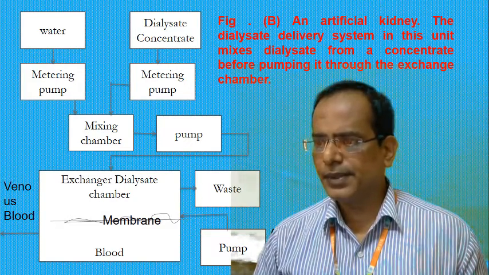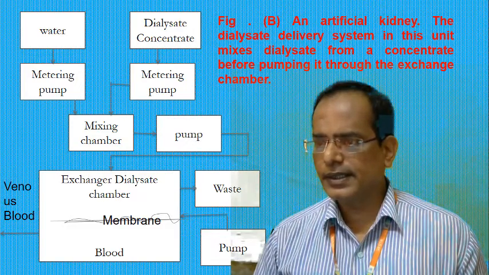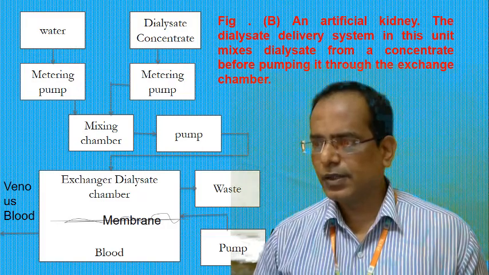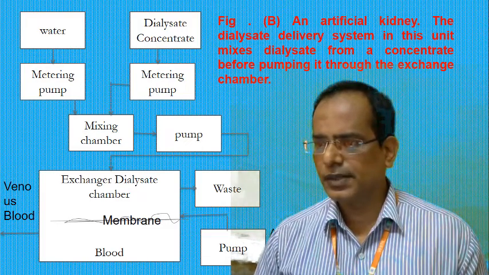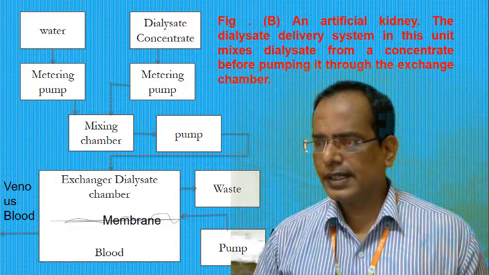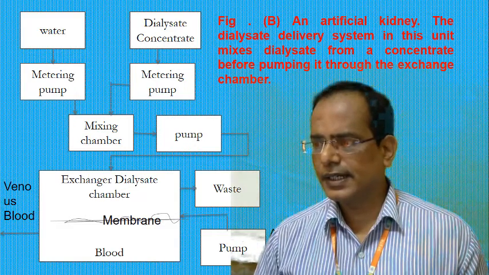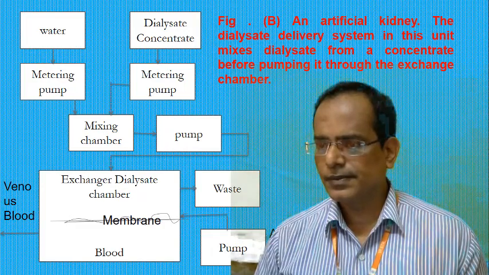Because only a membrane separates the patient's blood from the dialysate, it is important that any leaks in the membrane be detected immediately, before serious loss of blood occurs. In some cases, in fact, the dialysate can leak into the patient's circulatory system also.